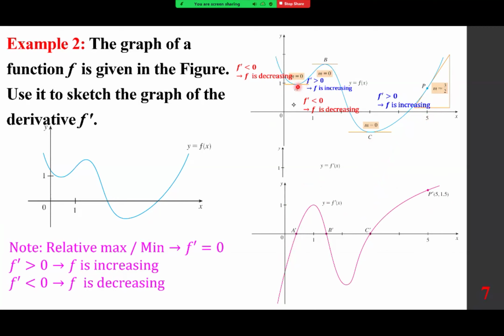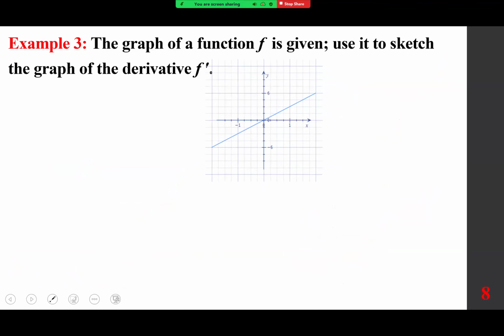Between A and B, increasing, so above the x-axis, and it comes back to 0. Between B and C, decreasing, below the x-axis. The reason it comes back to 0 at this point, and then increasing above the x-axis. A rough sketch.